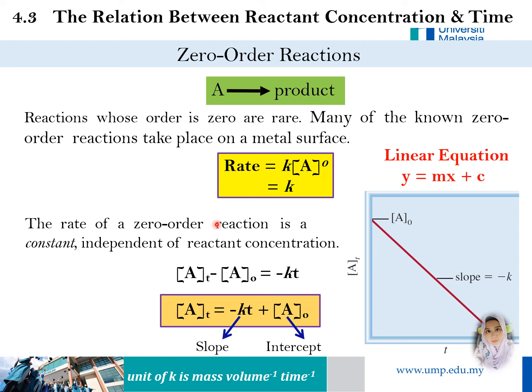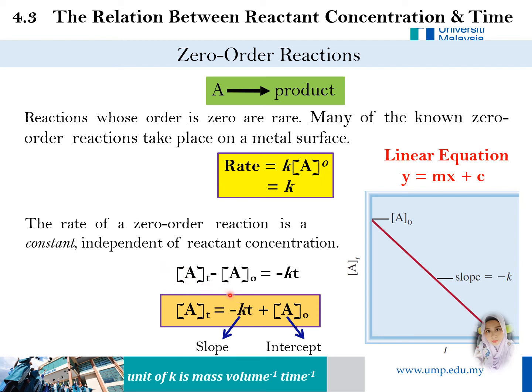So the rate of the reaction for zero order is equal to k, a constant, times the concentration of A to the power 0. A to the power 0 is equal to 1, so it means that the rate is equal to k.